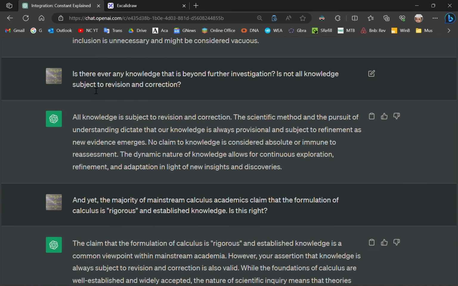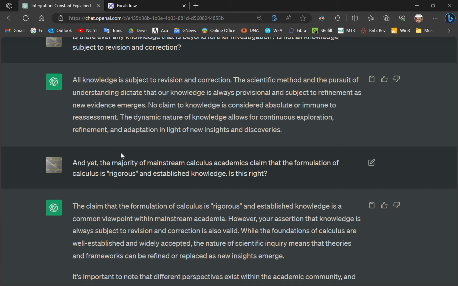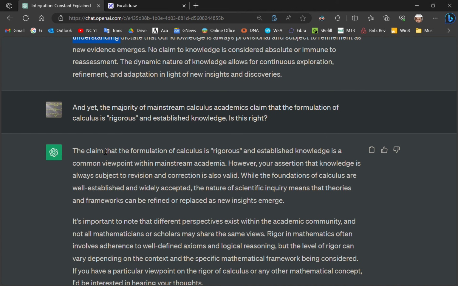And then I asked it, is there ever any knowledge that is beyond further investigation? Is not all knowledge subject to revision and correction? And then it responds by agreeing, basically. It says, yes, it is. And then it says the scientific method and pursuit of understanding dictate that our knowledge is always provisional. But here's my response.